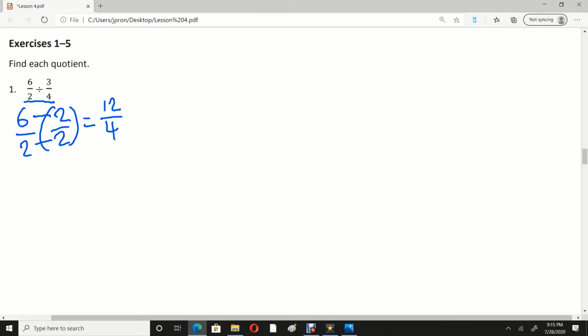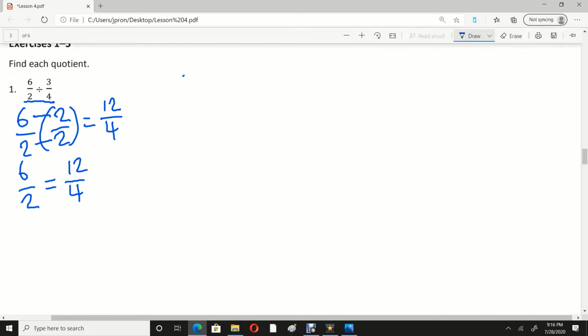12/4. So that's just to say that 6/2 is equal to 12/4. These are equivalent fractions. So we can come back and replace 6/2 with 12/4 divided by 3/4.